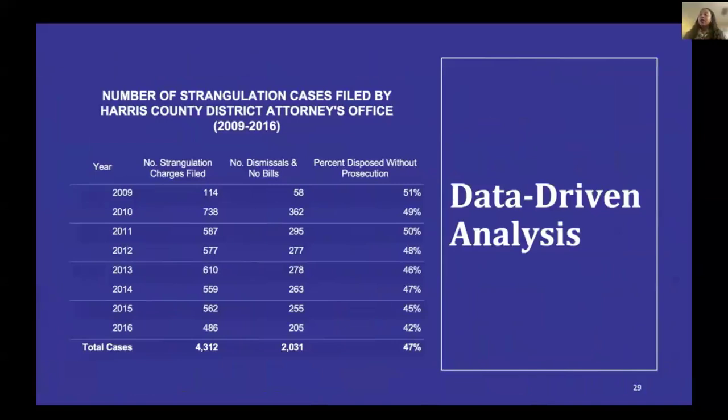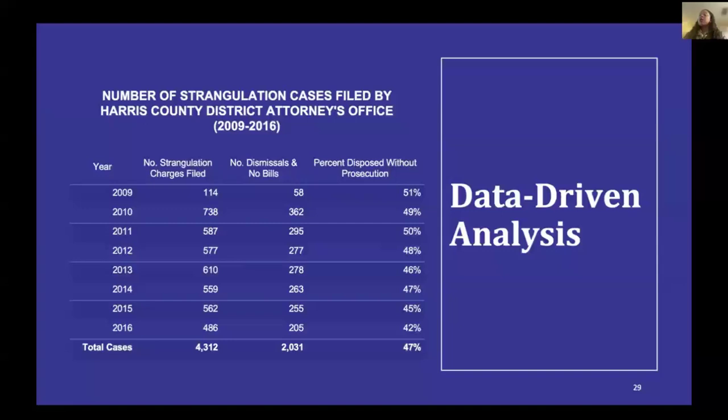One of the things I know that we did in Harris County is we really did a deep dive into the data. And we found that, as I mentioned, Ashanti was strangled several times before she was killed. And sadly, strangulation preempts many homicides. We were filing 4,300 strangulation cases from 2009 to 2016 and dismissing 2,031.